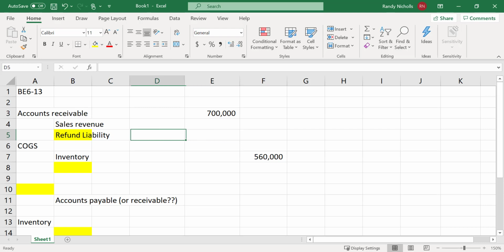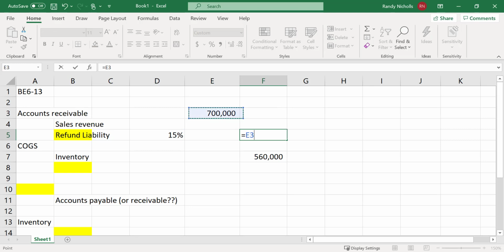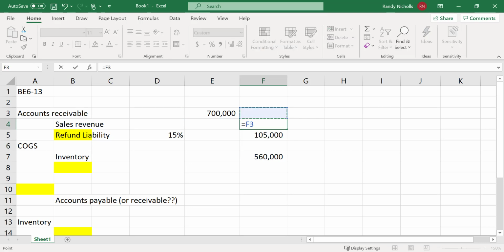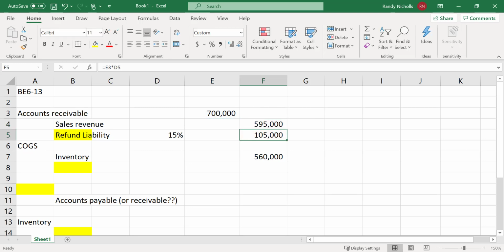Sometimes we'd see an allowance for sales, and this is going to be 15%. So 700,000 times 15% is 105,000 is what I expect to get back. So I'm only going to record sales revenue for 595, the net that I expect to receive.